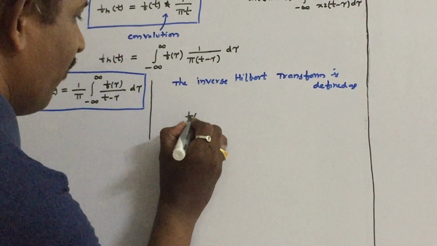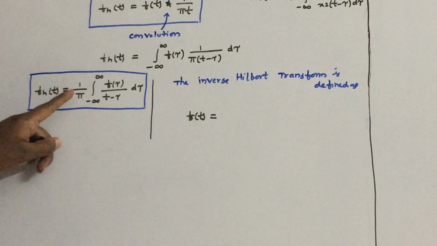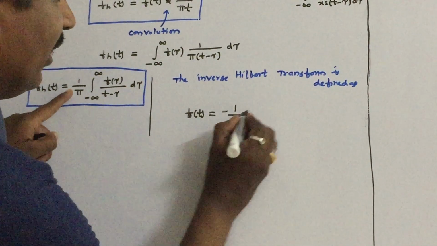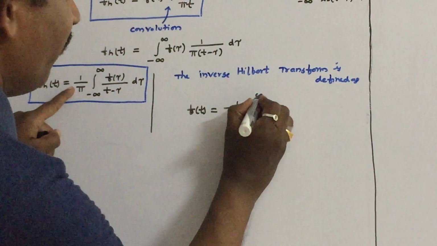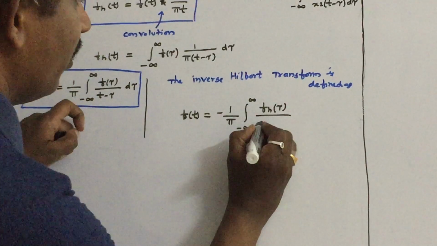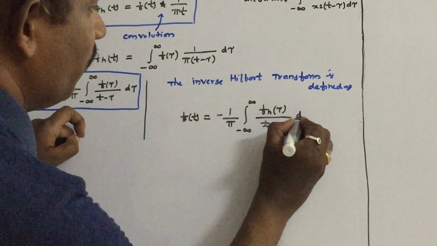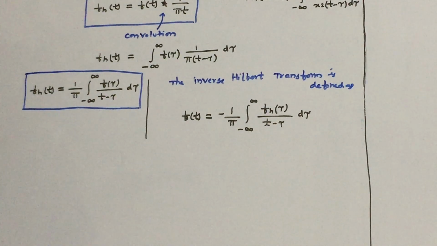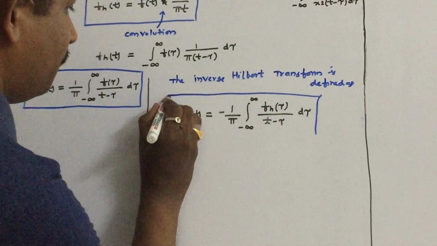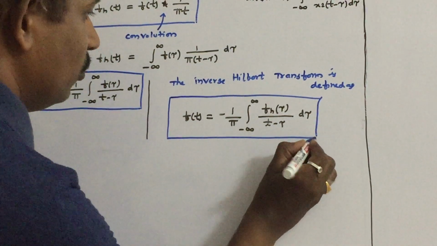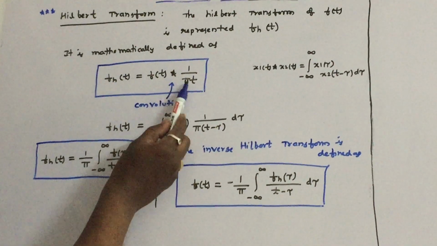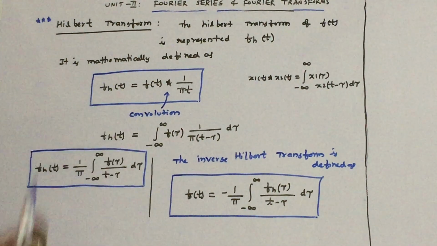Simply f of t is equal to minus 1 by pi, integral from minus infinity to infinity, in place of f of tau represented with f_h of tau, by t minus tau into d tau. So this is the definition of the inverse Hilbert transform, from which you can find f of t. This is what you have to write, the mathematical definition. Just convolve f of t with 1 by pi t, that will become the Hilbert transform of f of t.